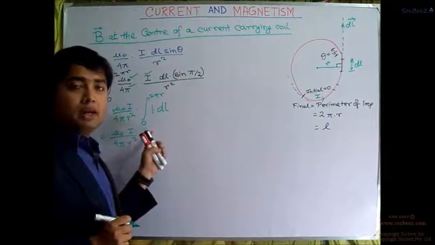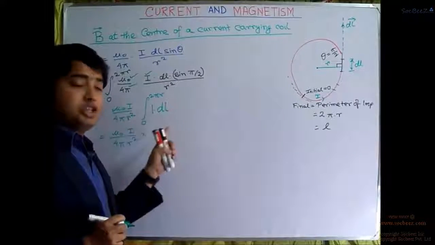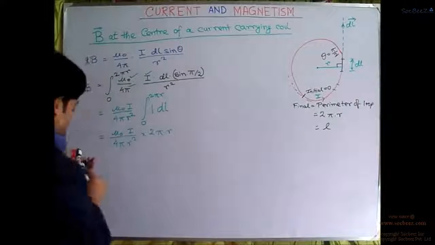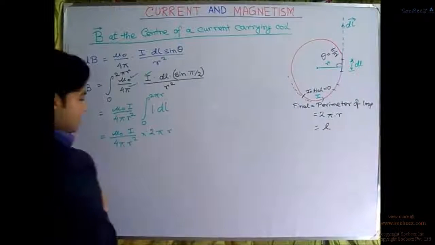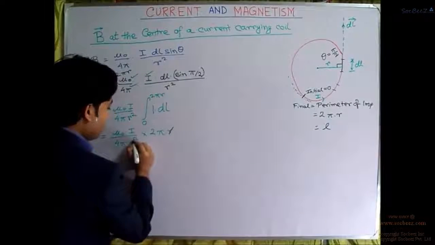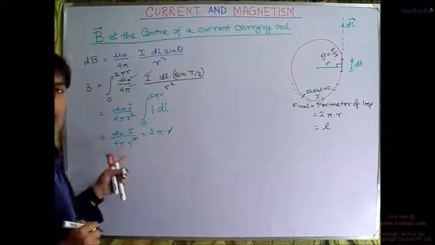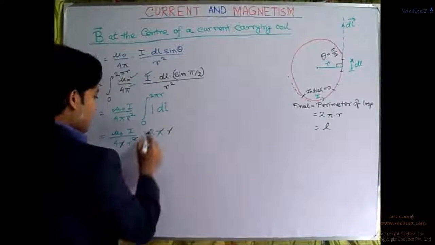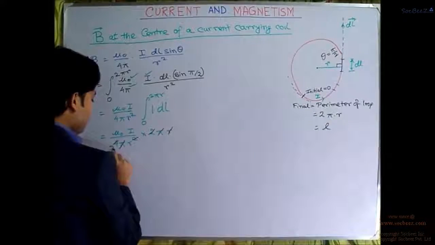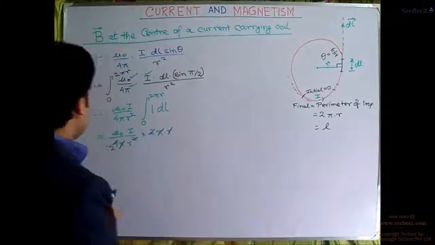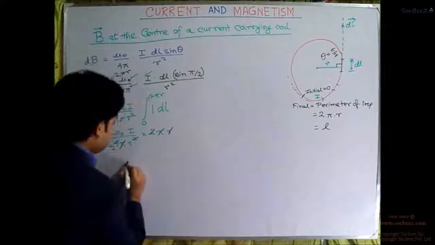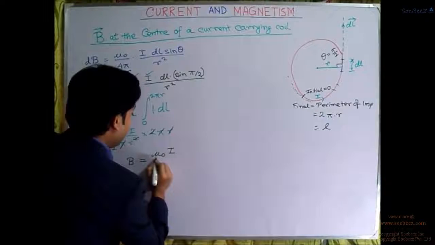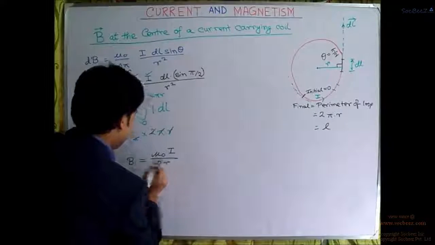This will mean 2 pi r minus 0, or simply 2 pi r. So observe over here that this r will cancel one r in the denominator, leaving only one r in the denominator. This pi will get cancelled and this 2 will cancel with the 4, leaving only 2 in the denominator. So the B that we will get in this scenario will be equal to mu naught I divided by 2r.